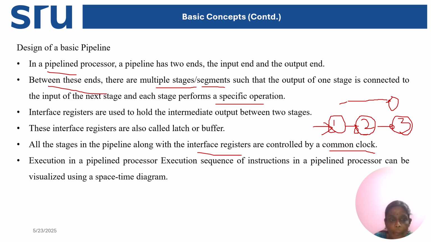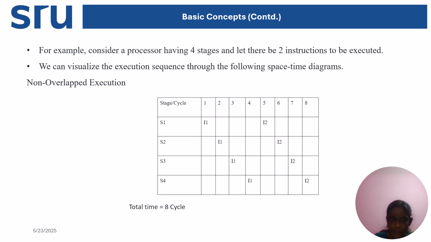Execution in a pipelined processor: the execution sequence of instructions in a pipelined processor can be visualized using a space-time diagram. For example, consider a processor having four stages, which means one instruction execution is divided into four stages, and let there be two instructions.